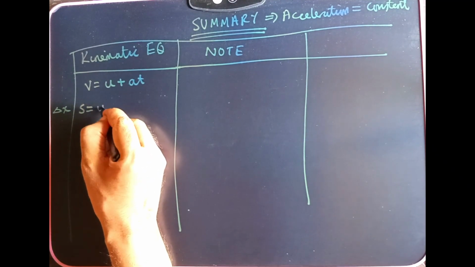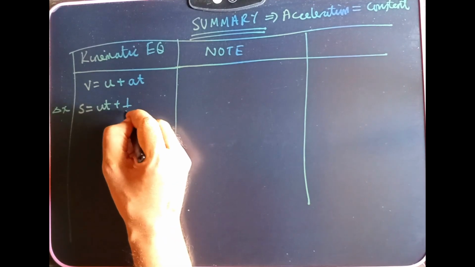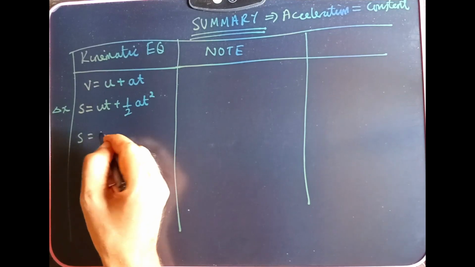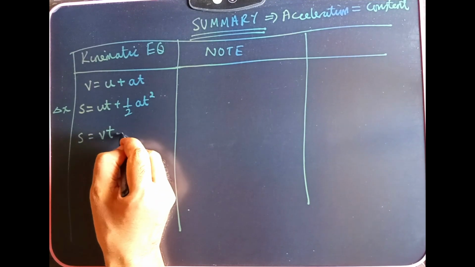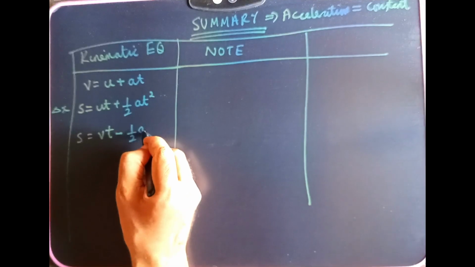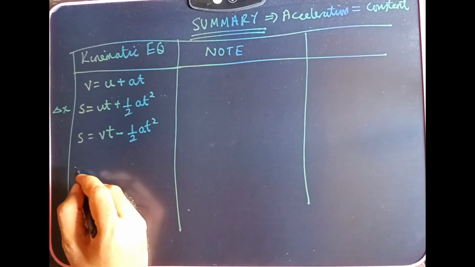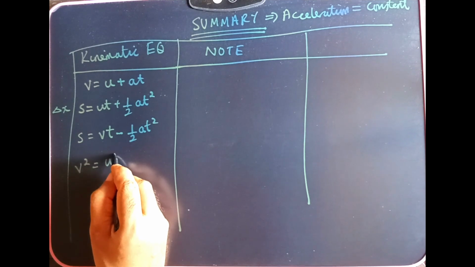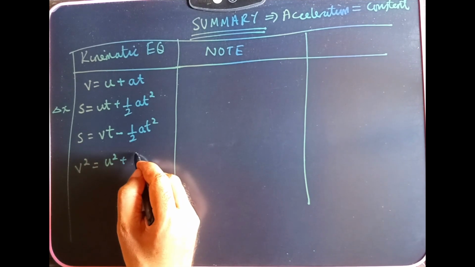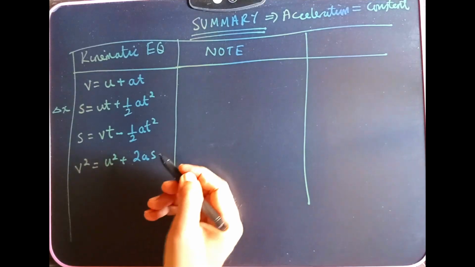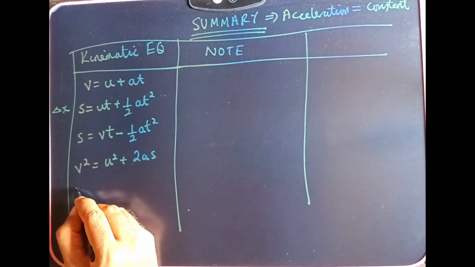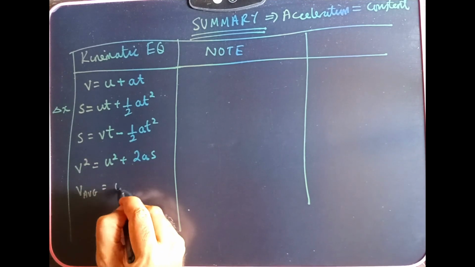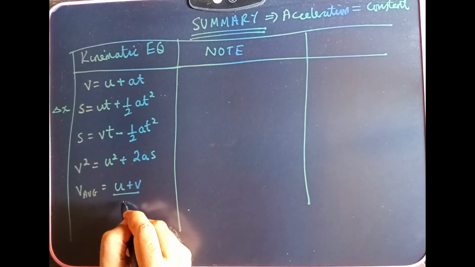S is equal to ut plus half at square, and S is equal to vt minus half at square. v square is equal to u square plus 2as. v average is equal to u plus v divided by 2.